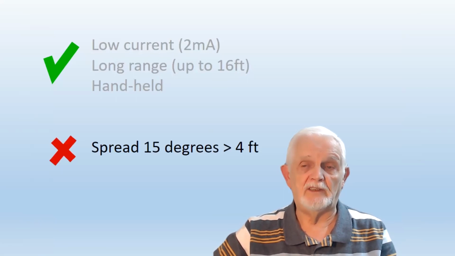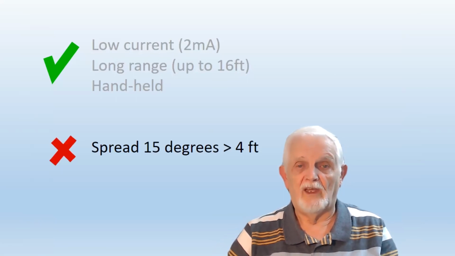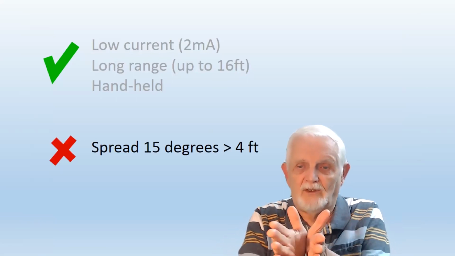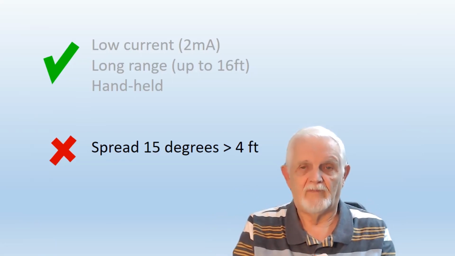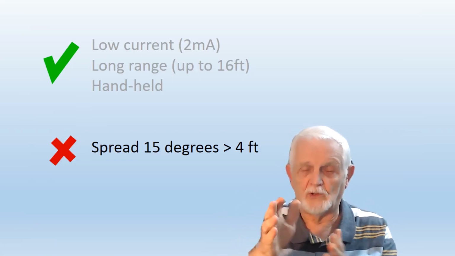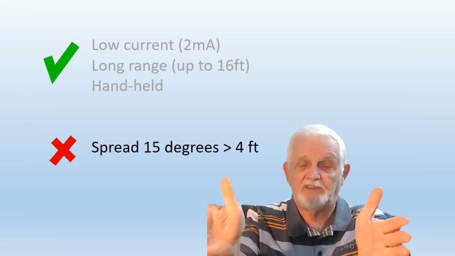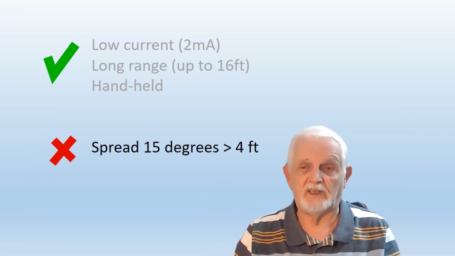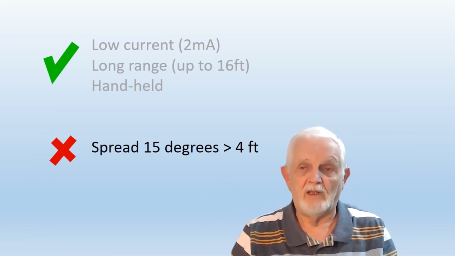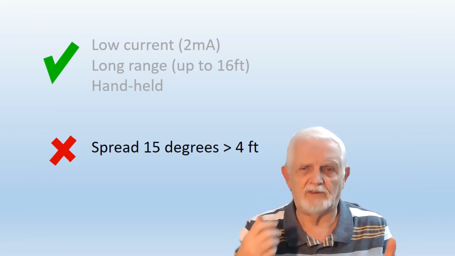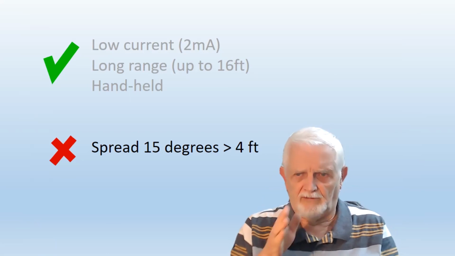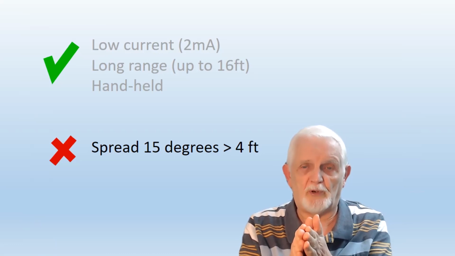Downside is that it's got a wide angle of spread. And the further away you go, the wider the spread is, and that means that you get reflections from other static buildings on the layout. You're not focused narrowly on the loco approaching.